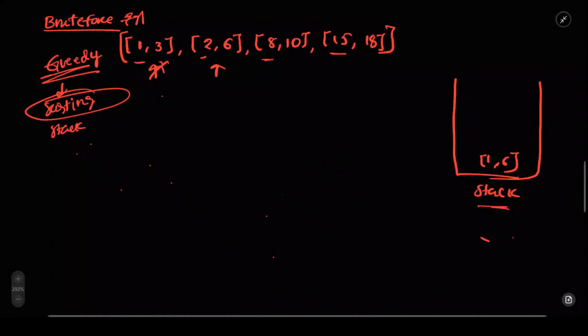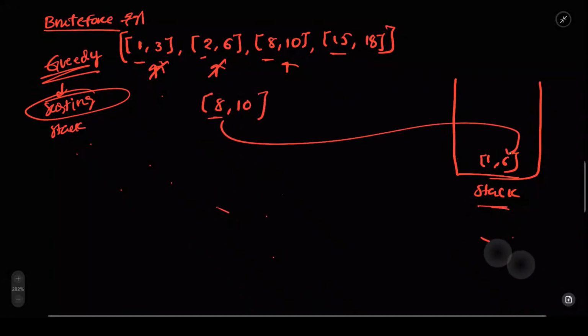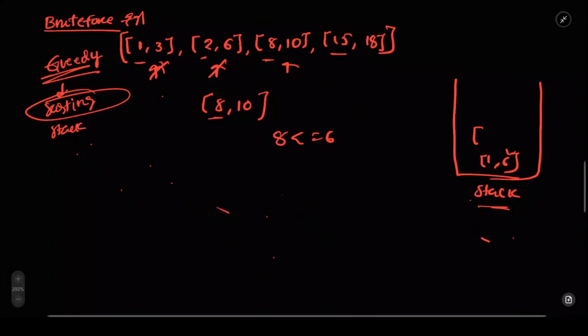We move forward. At 8 comma 10, our start is 8 and the end present in the stack is 6. Therefore 8 is not lesser than or equal to 6. If it is not obeying the condition, then please push into the stack. Done. At the last list, you see the same thing: 15 is not lesser than or equal to 10, right?